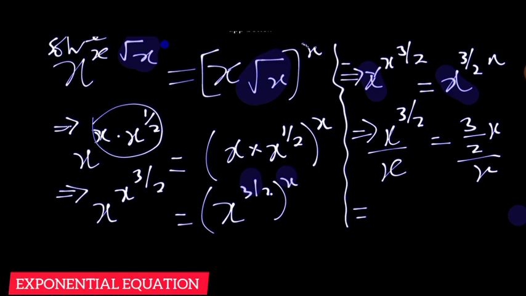So we are going to have x to the power 3 over 2 minus 1 equals, this x we actually cancel, 3 over 2.